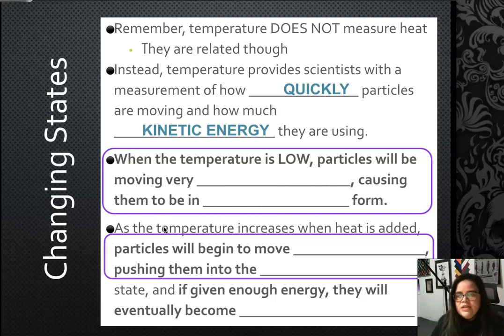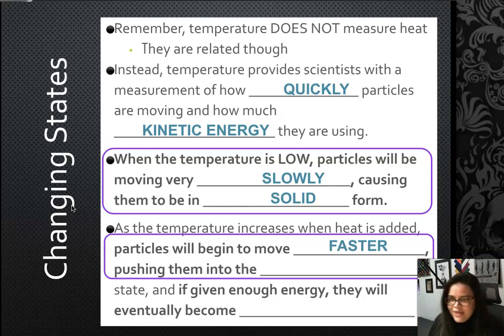When the temperature is low, particles will be moving very, very slowly, and in their slowest state, they will cause them to be in the solid form. As temperature increases, due to heat being added, particles will begin to move faster and faster until they reach a specific point in which you can push them into the liquid state. And if you give them enough energy, they can eventually become gases.